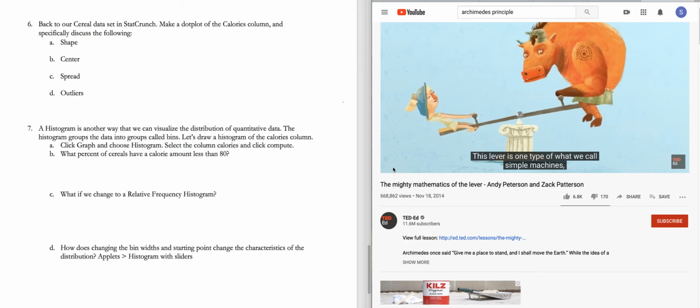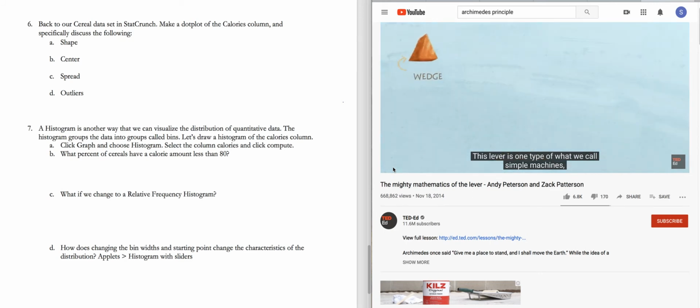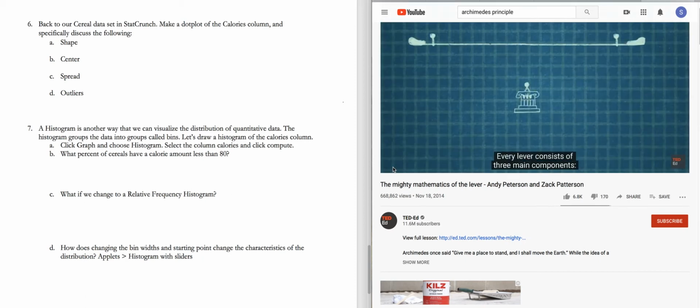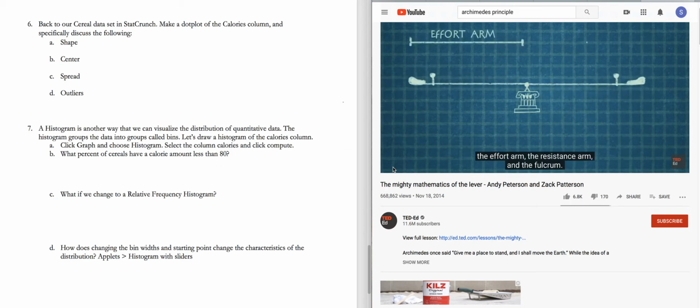This lever is one type of what we call simple machines, basic devices that reduce the amount of energy required for a task by cleverly applying the basic laws of physics. Let's take a look at how it works. Every lever consists of three main components: the effort arm, the resistance arm, and the fulcrum.